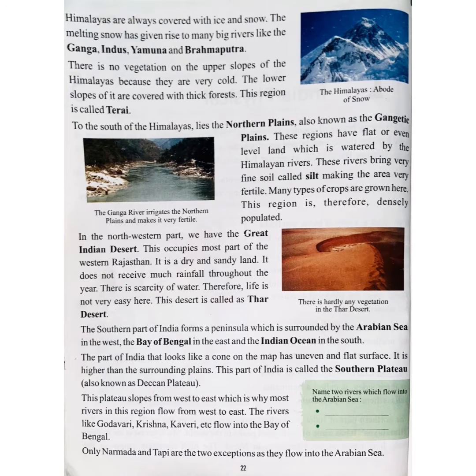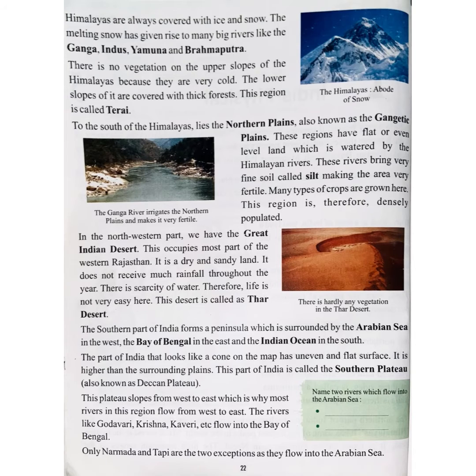This part of India is called the Southern Plateau, also known as the Deccan Plateau. Underline. This plateau slopes from west to east, which is why most rivers in this region flow from west to east. Underline. The rivers like Godavari, Krishna, Kaveri, etc. flow into the Bay of Bengal.